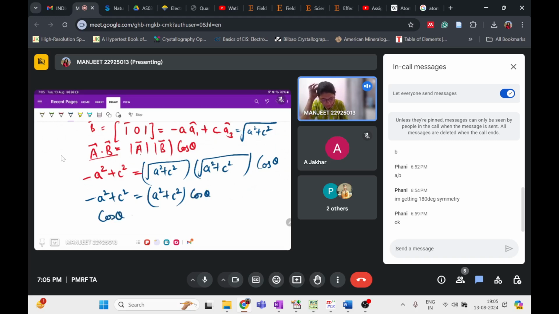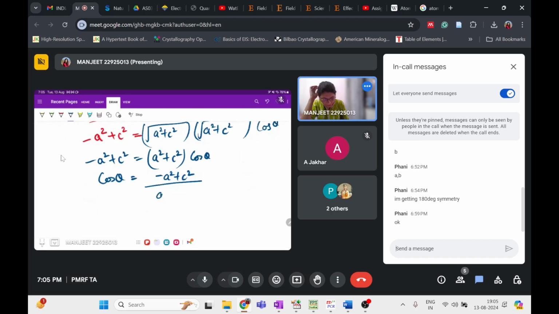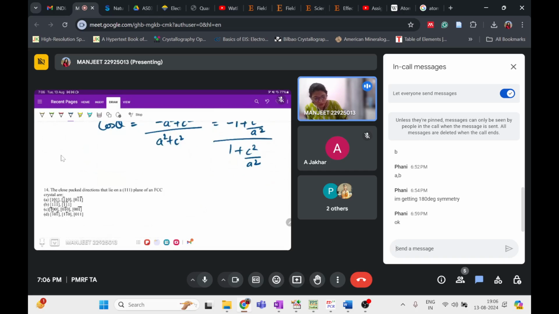So cos theta will be minus a square plus c square divided by a square plus c square. Since they have given the c by a ratio, that is 1.5, I'm taking a square out from this one, so this will become minus 1 plus c square by a square upon 1 plus c square by a square. Just put the value here: minus 1 plus 1.5 square divided by 1 plus 1.5 square.